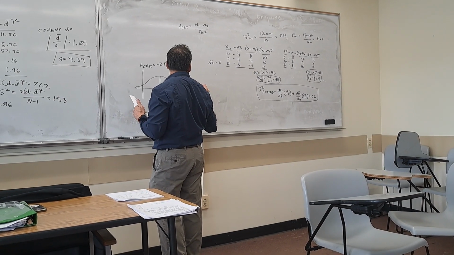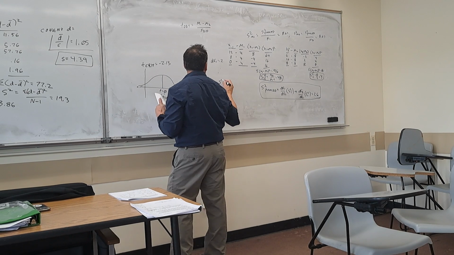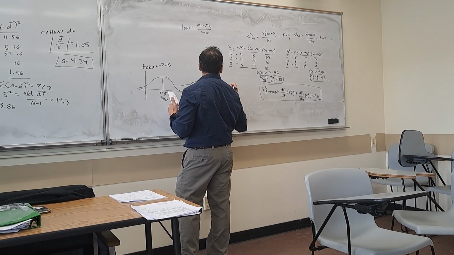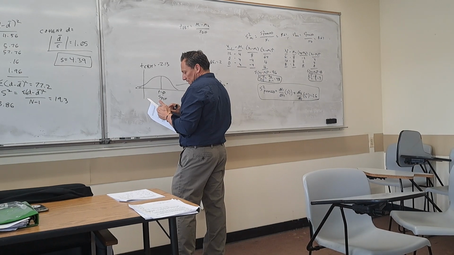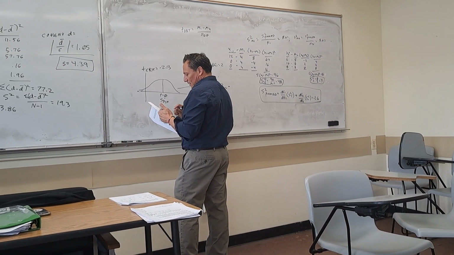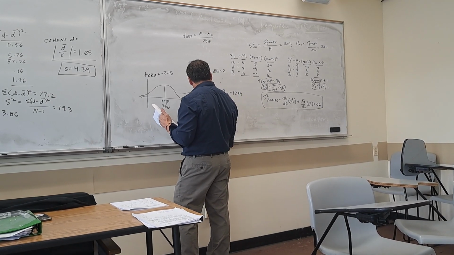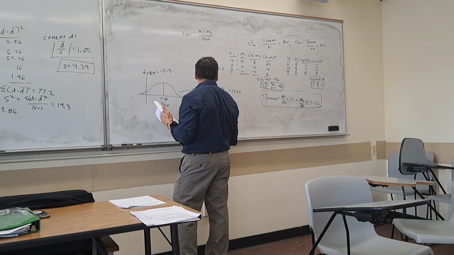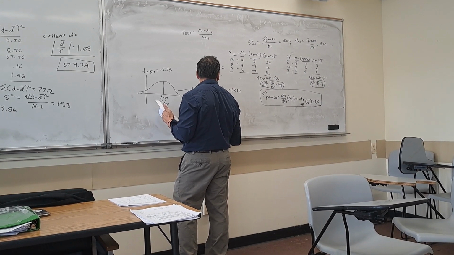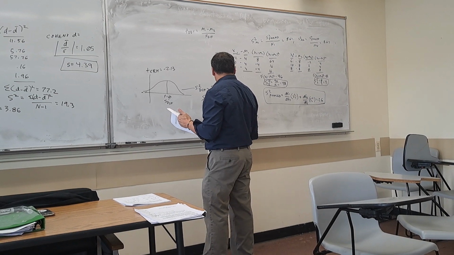S squared sub diff simply is S squared m1 plus S squared m2, which is 8.67 plus 8.67, which is 17.34. And S sub diff, holy grail in this case, is the square root of S squared sub diff, which equals 4.16.